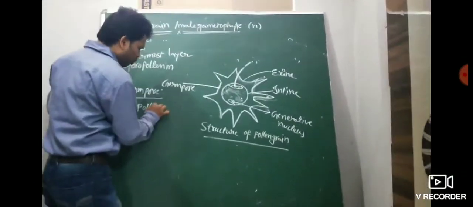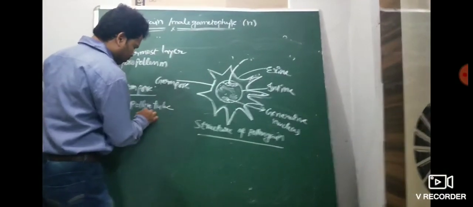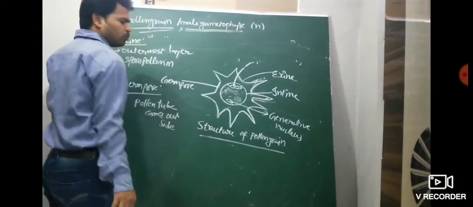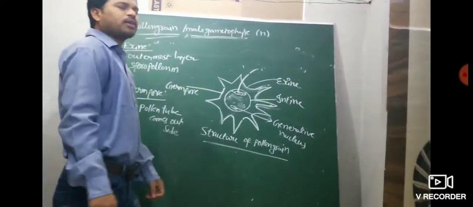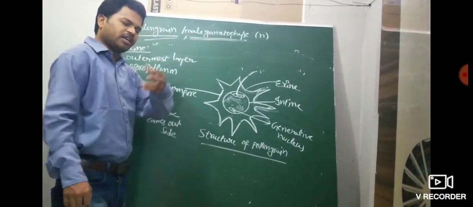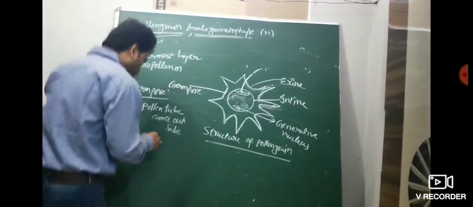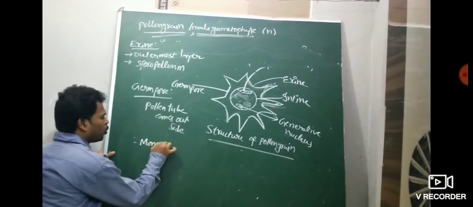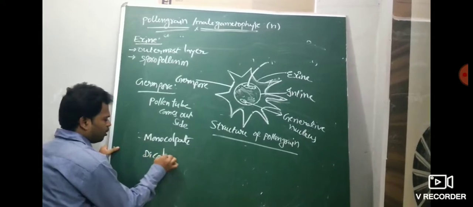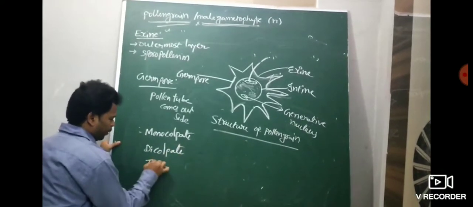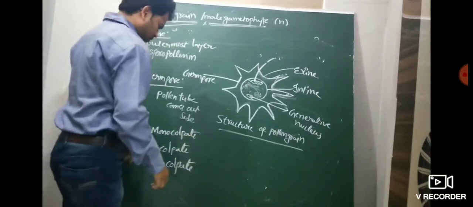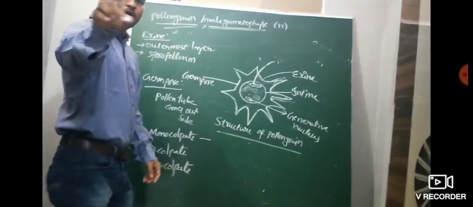Based on the number of germpores, there are different types: monoporate, diporate, triporate. Monoporate means only one germpore.